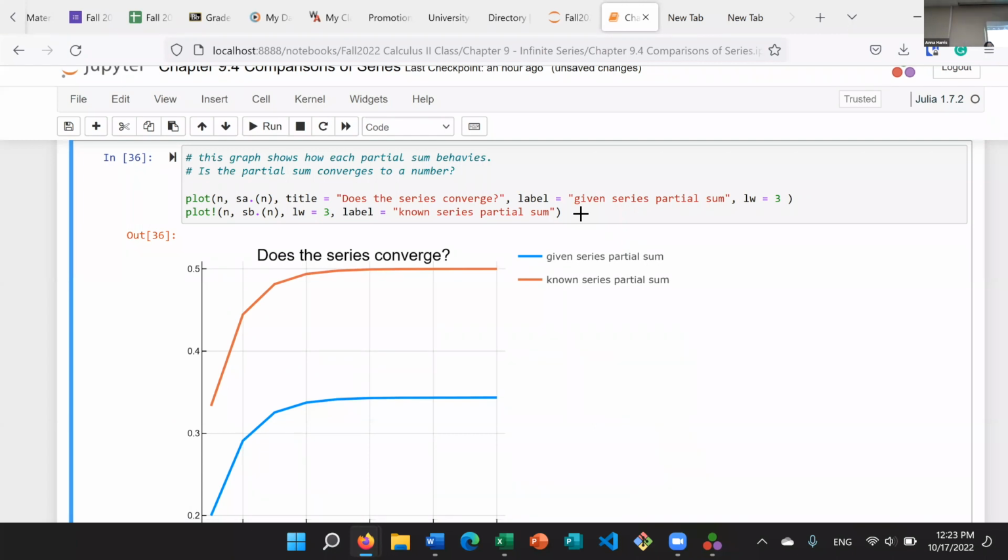See it clearly. What can you say? The known series is approaching some limit. Do you see that? It's not increasing forever, it stays the same. That's how you know it converges. Are you with me, class? You want to check that your partial sum converges to some number. That's how you know it converges.